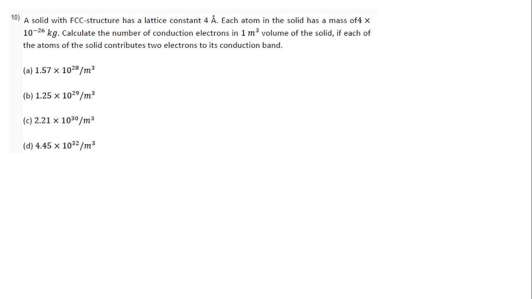A solid with FCC structure has a lattice constant 4 angstrom, and this is FCC structure. Each atom in the solid has a mass of 4 times 10 to the power minus 26 kg. Calculate number of conduction electrons in 1 meter cube volume of solid if each of the atoms of the solid contributes 2 electrons.